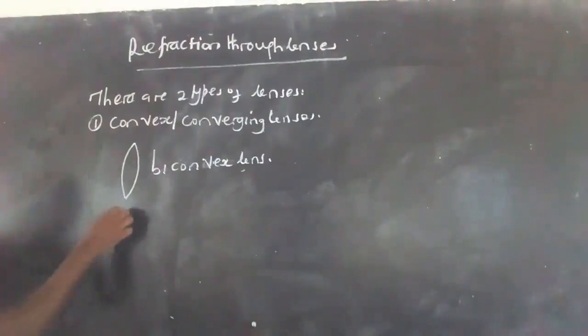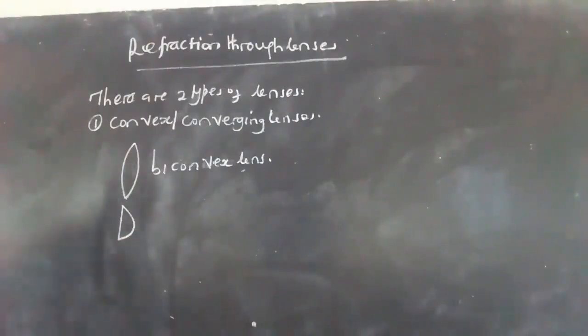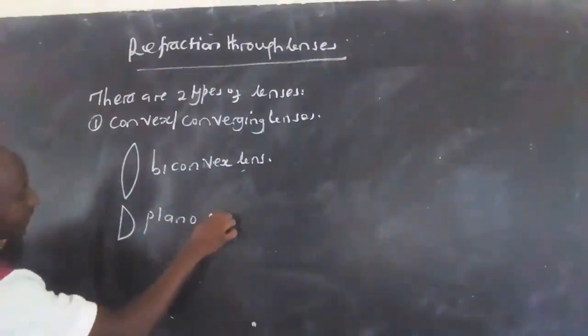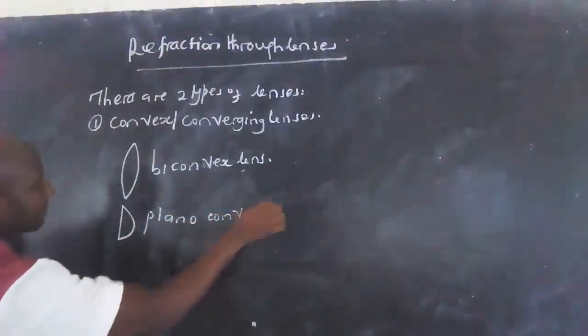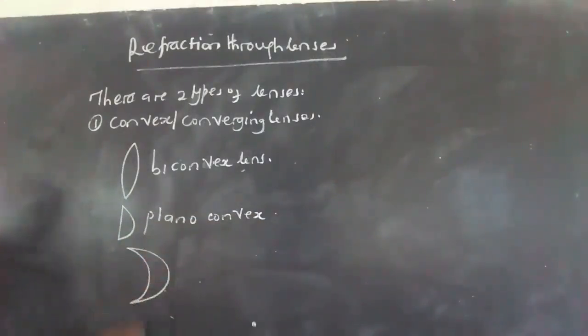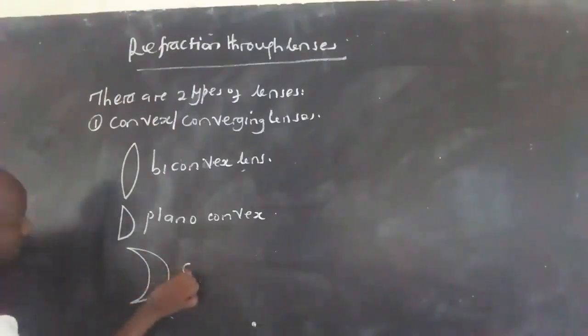Then we have another one, that type, and we shall call it plano convex. Then we have another one, it's like this. We shall call this one converging meniscus.